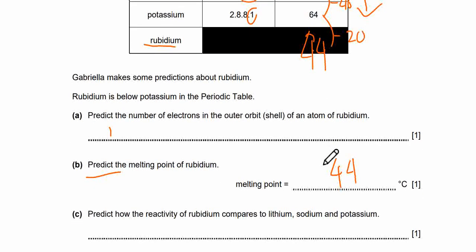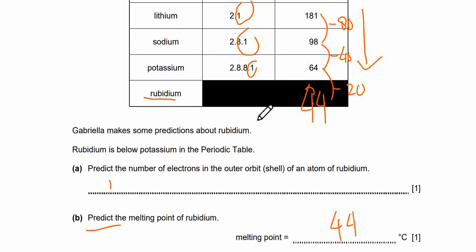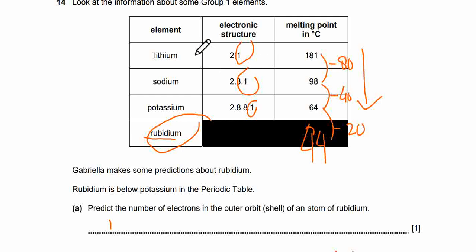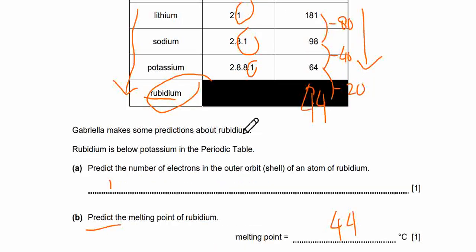Next, predict how the reactivity of rubidium compares to lithium, sodium, and potassium. As we go down the group, the radius is increasing, which means it is easier to release 1 electron when its radius is greater. So rubidium must be more reactive.